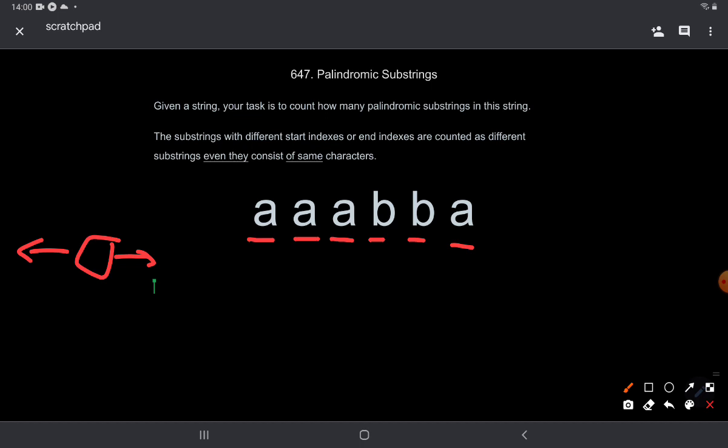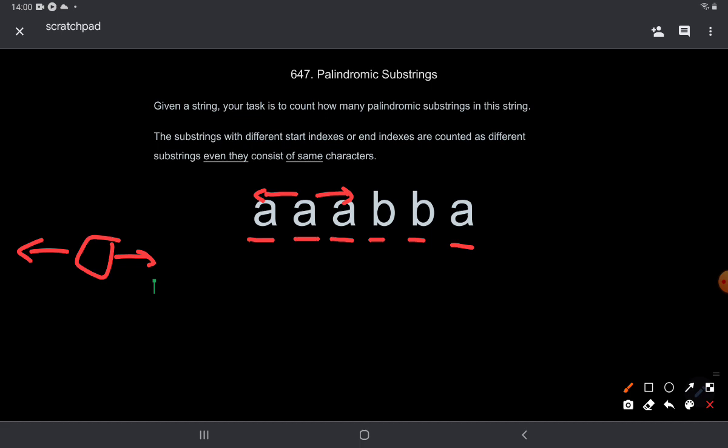So like we start from, let's say, A, but over here we cannot expand because this is already the first character of the string, so nothing to do over here. Now when we come to the second A, we can expand in this direction and in this direction. So we see that both the characters on either side are same, so this would also count as a palindrome. We cannot expand the window further because we have already reached the beginning of the input string, so we'll stop here.